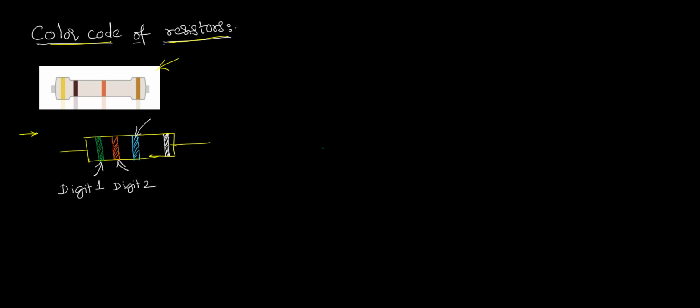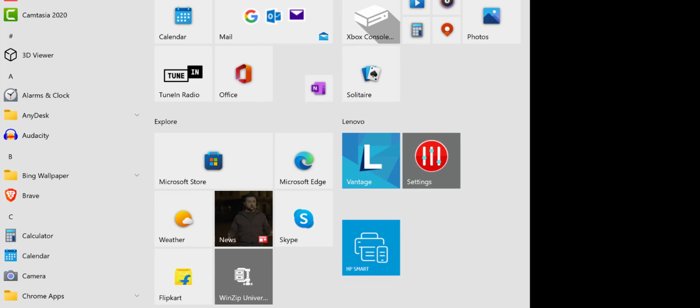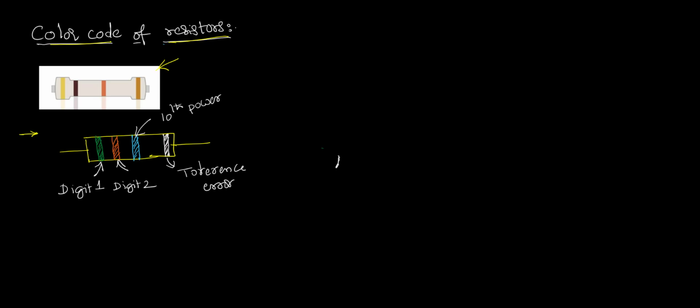The third one is actually the power of 10, the multiplier. The fourth one is the tolerance. Tolerance means the kind of error that is possible. First of all, let's start with the tolerance itself, that is, the fourth band.